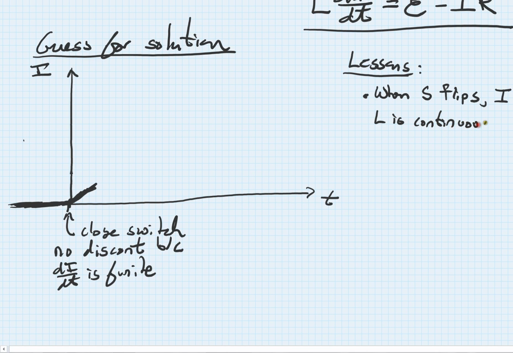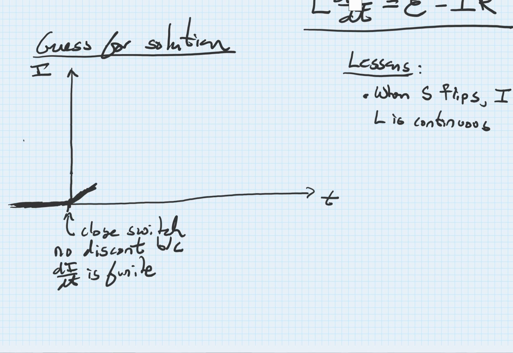What that means is that the effective voltage, this L dI/dt term, is going to assume whatever value is necessary in order to keep that constant. That's what an inductor does. It tries to resist any change in current, because that's how you resist any change in flux.